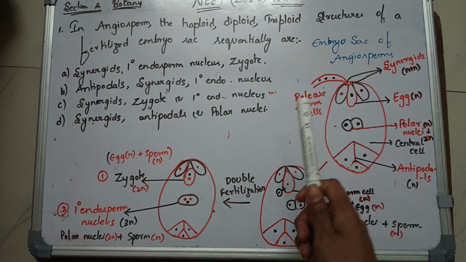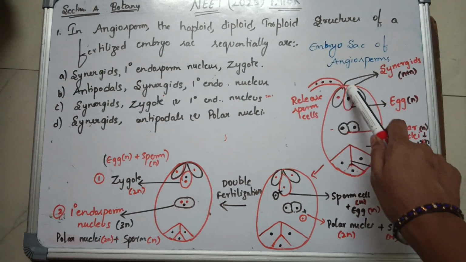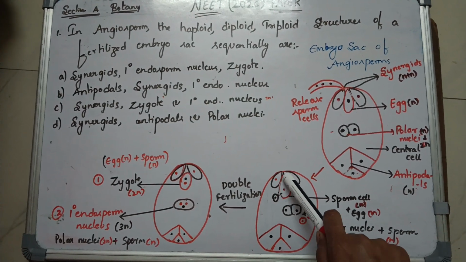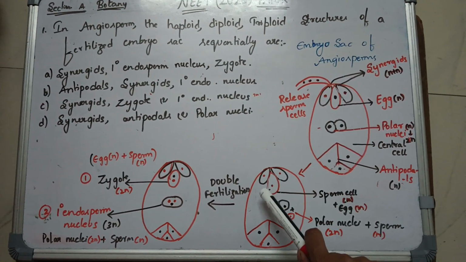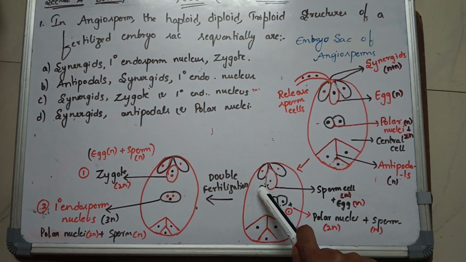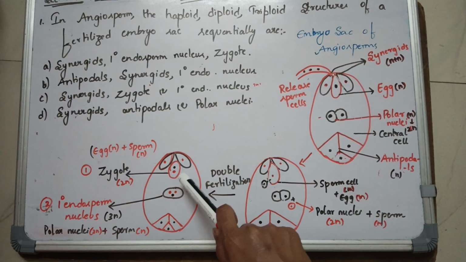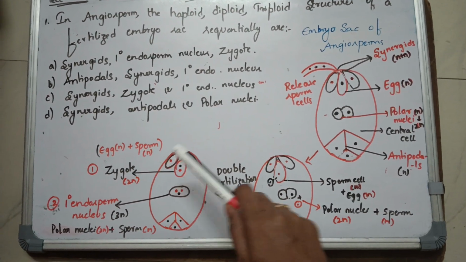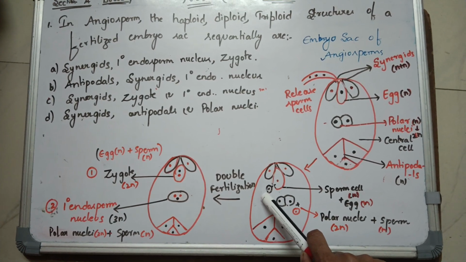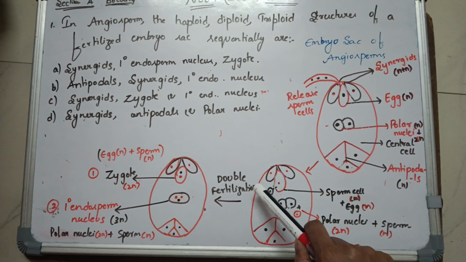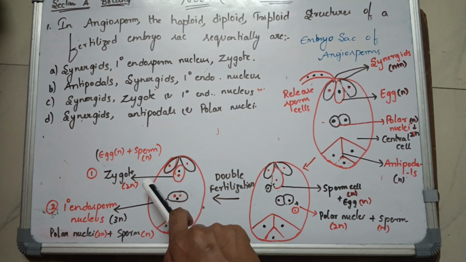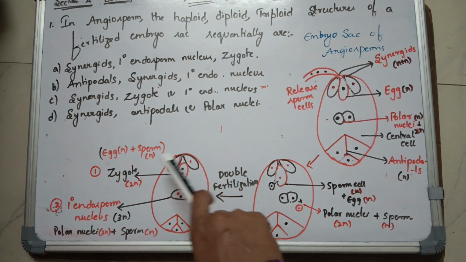In the first fertilization, when the sperm cells are released into the embryo sac, one of the sperm will react with the egg cell. This is the primary fertilization, where one egg cell and one sperm combine to form a zygote. The egg cell is haploid and the sperm cell, the male gamete, is also haploid, so both combine to form a diploid zygote. So this is the first fertilization.